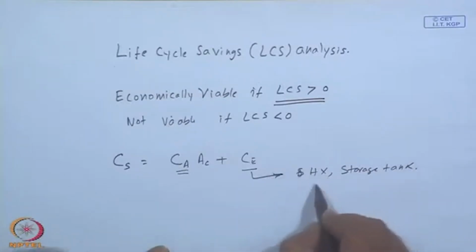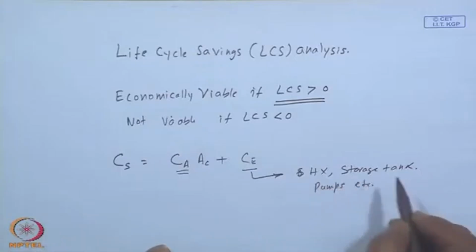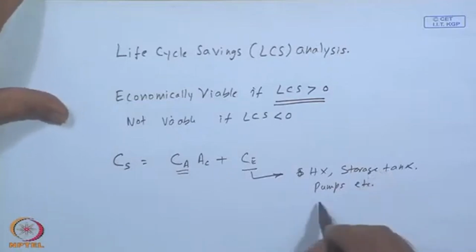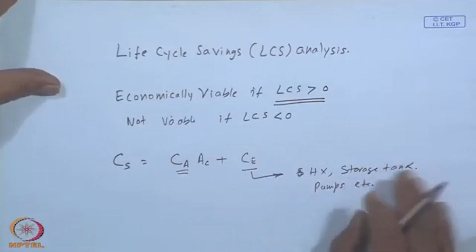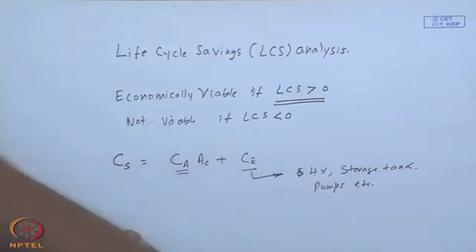and then pumps, etc. So, unless the size drastically changes, the pump, the heat exchanger and the storage tank do not change directly in proportion to the area of the collector.